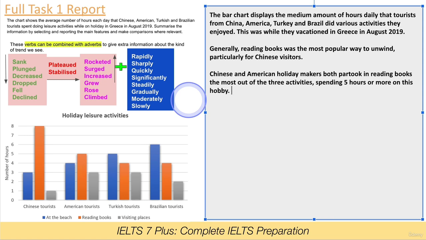Let's dive into some other details. We are grouping them together, but we'll also talk about the other hobbies here.